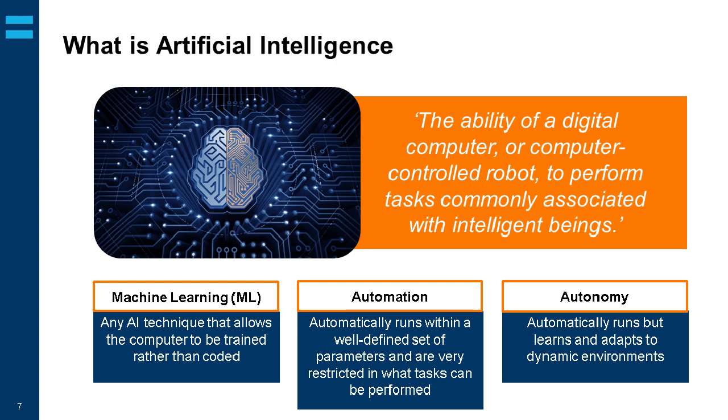Whereas when we talk about autonomy, this is when it's still automatic, but it is then able to learn and adapt to dynamic environments. So something that is classed as autonomy can have artificial intelligence included to have that learning and adaptation as part of it, but it's not AI in itself. So that's quite a fine definition between the two. And I just wanted to get a base understanding of that, so if I start using these definitions, this is what I mean.